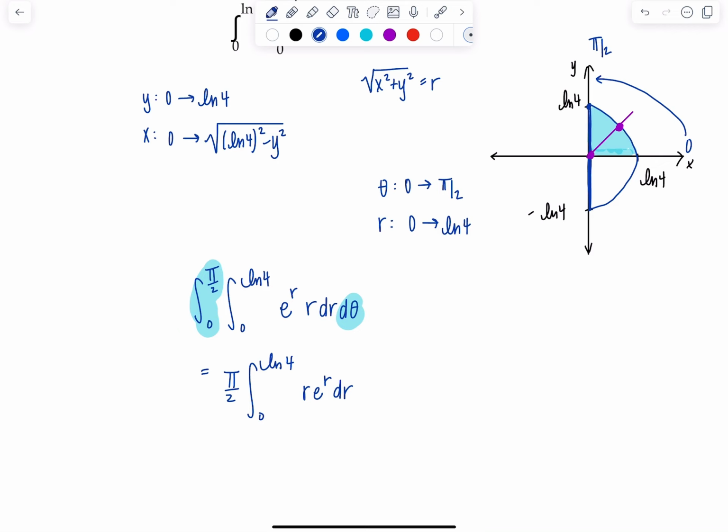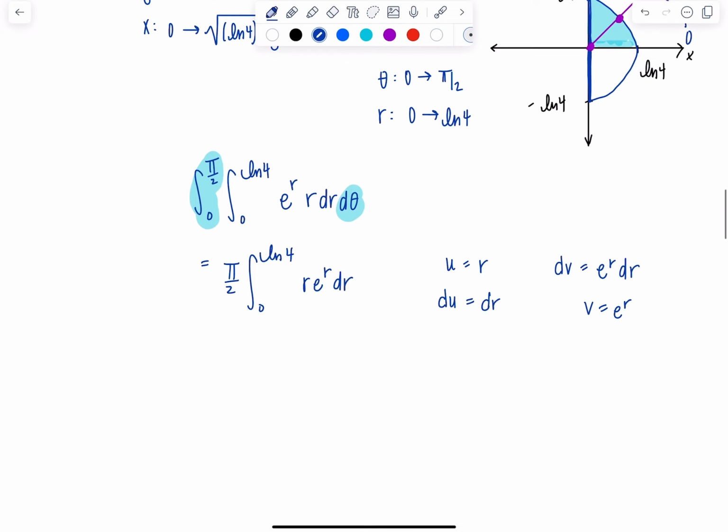And now I'm looking, oh, it's time for integration by parts, right? So we have to pick u and we have to pick dv. If you have an exponential function, usually that's what you're going to let be dv, e to the r dr, and then u is just r. So du is dr, and v will be e to the r.